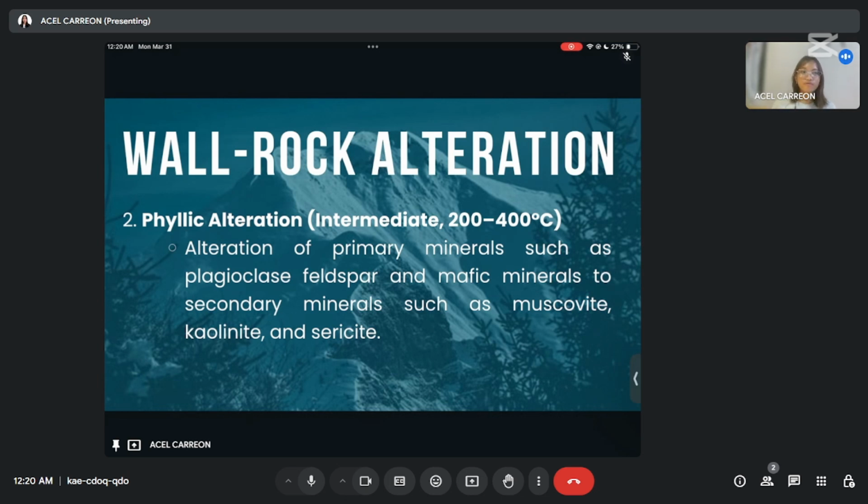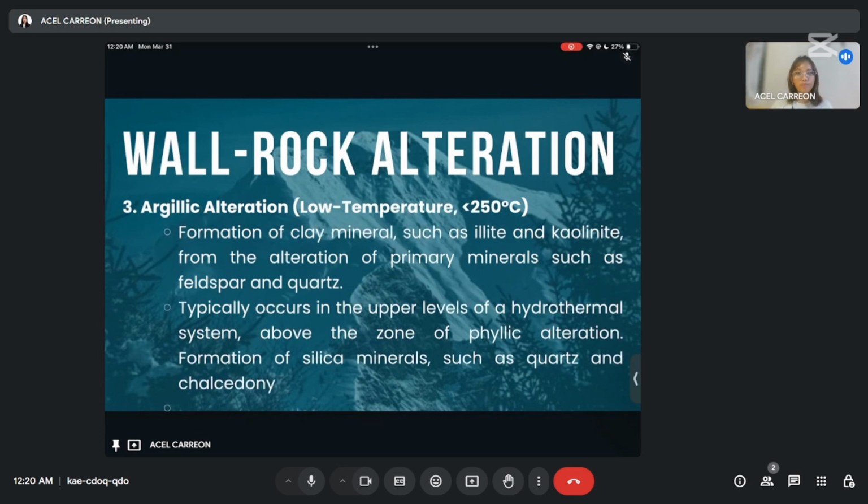It typically involves the removal of most of the original primary minerals and their replacement by secondary minerals. So this is where the major sulfide deposition stage occurs. And lastly, the argillic alteration, which occurs at low temperature, less than 250 degrees Celsius.